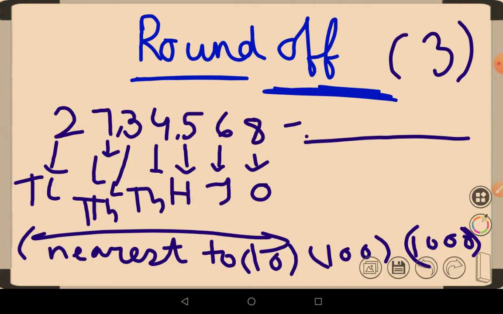Okay, let me write that number. 2, 7, 3, 4, 5, 6, 8. Okay, so this is our number. Wait a minute, let me erase it so I can clear your doubt and have more space.